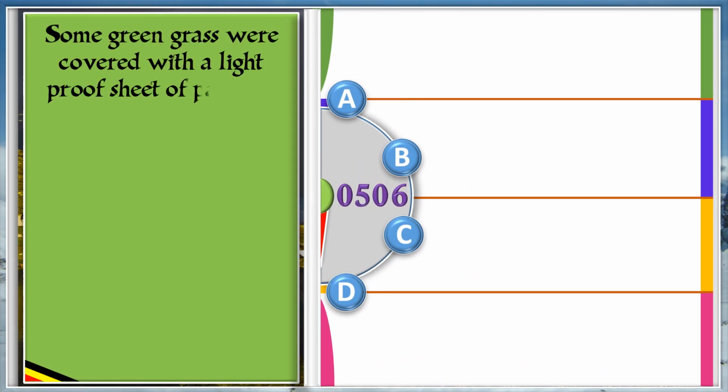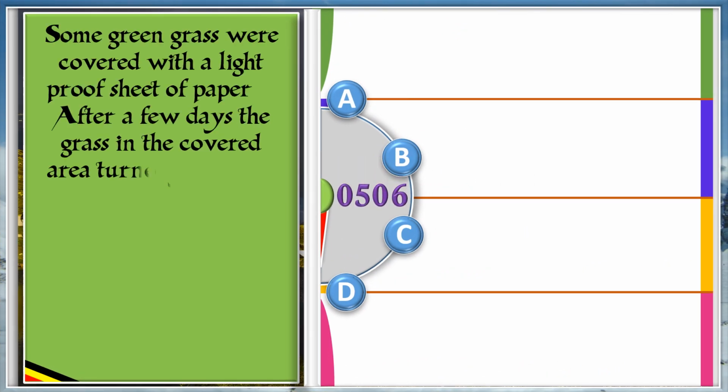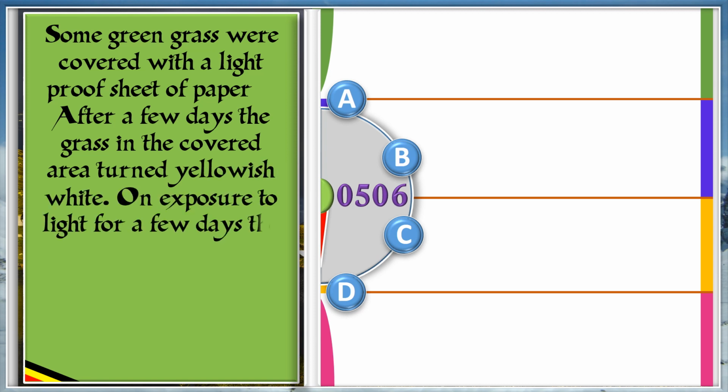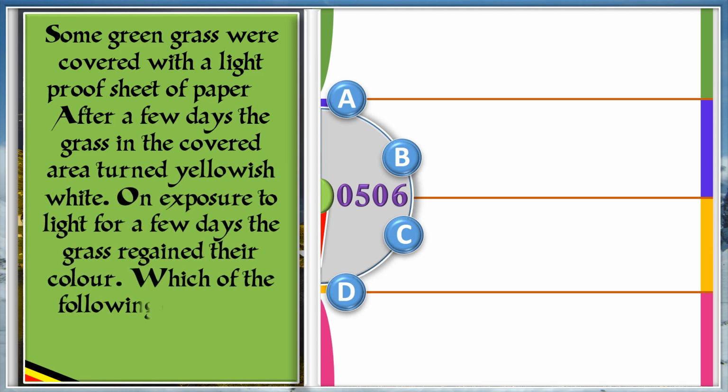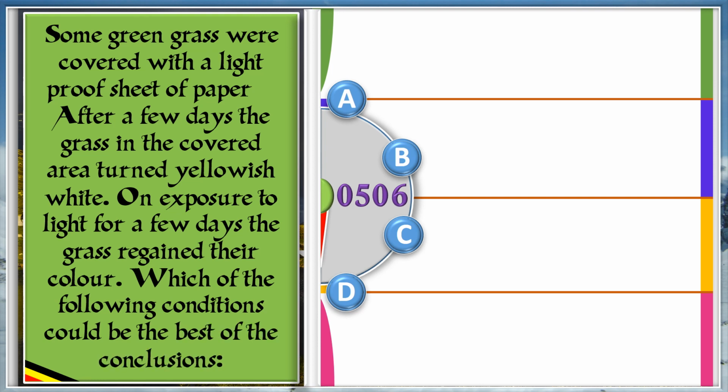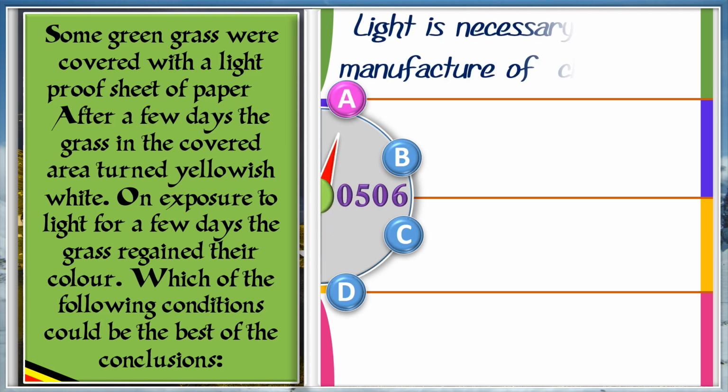Some green grass was covered with a light-proof sheet of paper. After a few days, the grass in the covered area turned yellowish-white. On exposure to light for a few days, the grass regained its color. Which of the following could be the best conclusion? A. Light is necessary for the manufacture of chlorophyll.